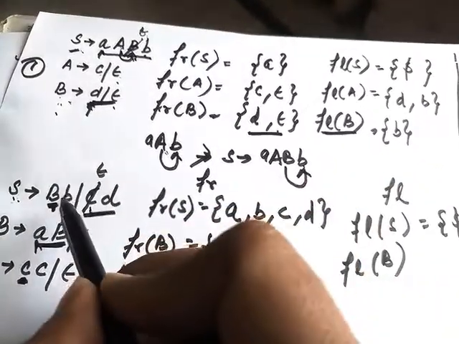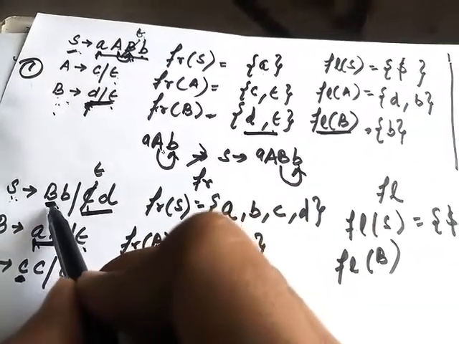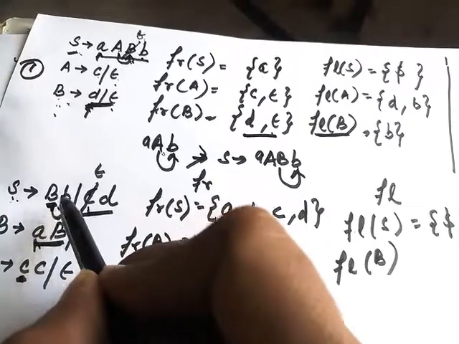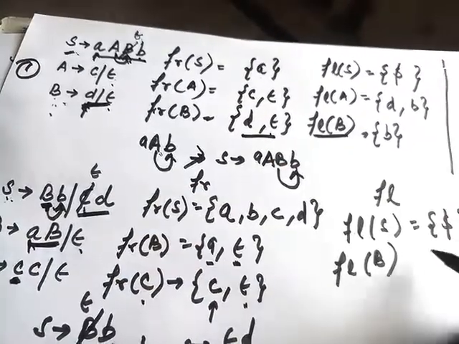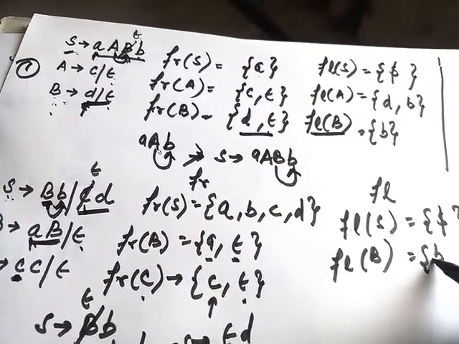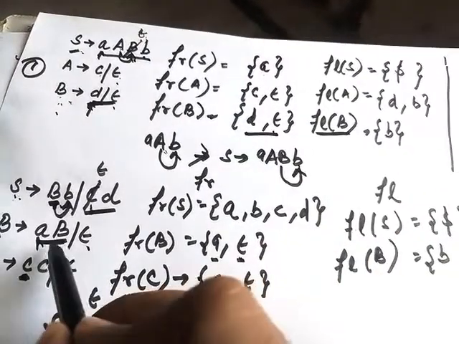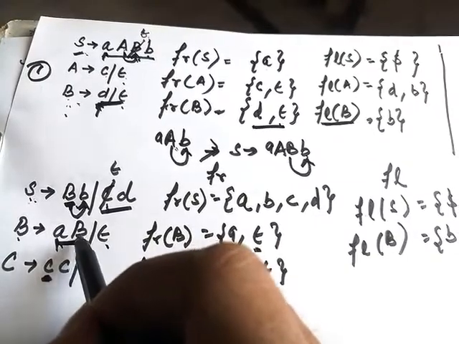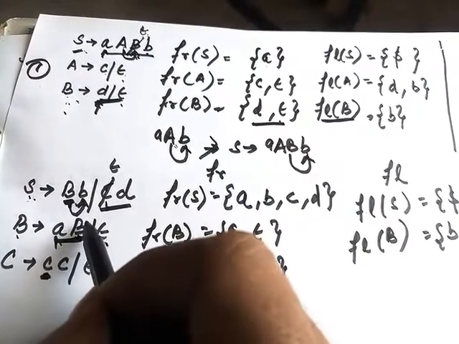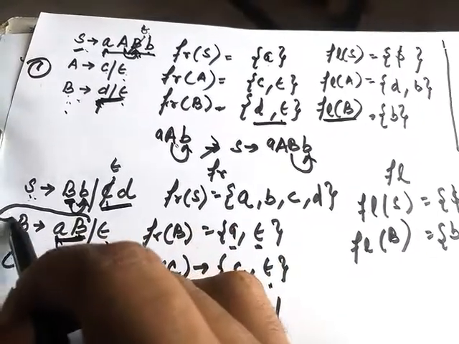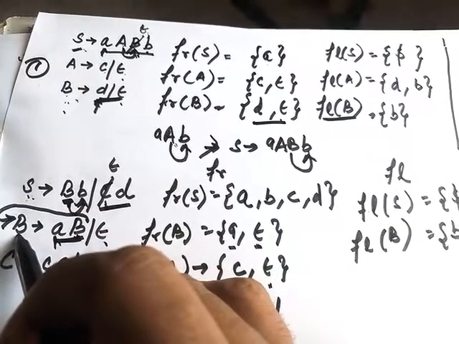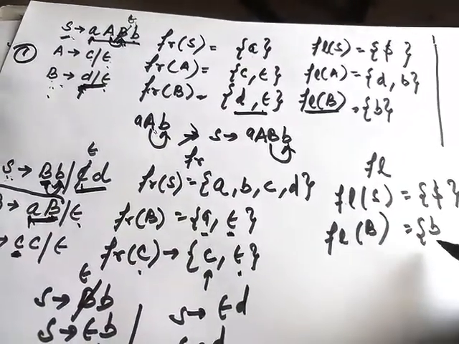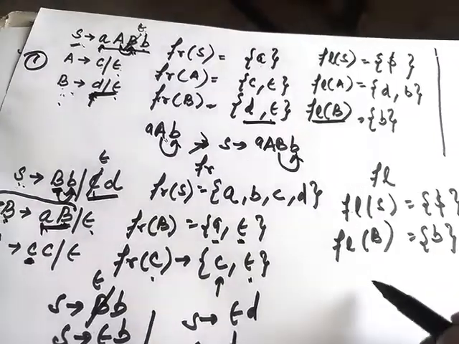You have to see what comes after B. As you can see, after B it is small b, so this is your follow of B. Here also we have B on the right hand side, and since after B nothing is there, follow of B is follow of B, so this is your answer.